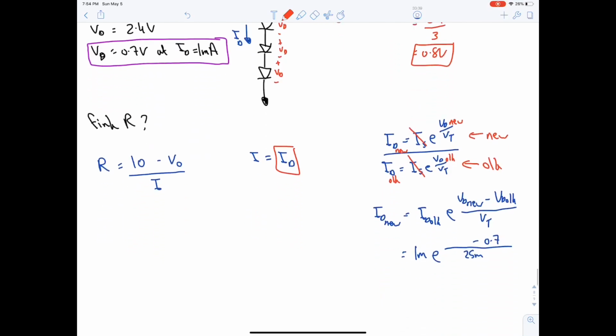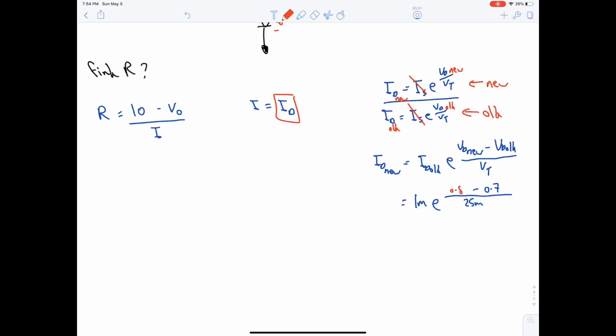It's 0.8. So 0.8 minus 0.7 over 25 milli. This will give us 54.6 milliampere. And here R is V output, 2.4, divided by 54.6 milli. This will give us 139 ohm. Okay.